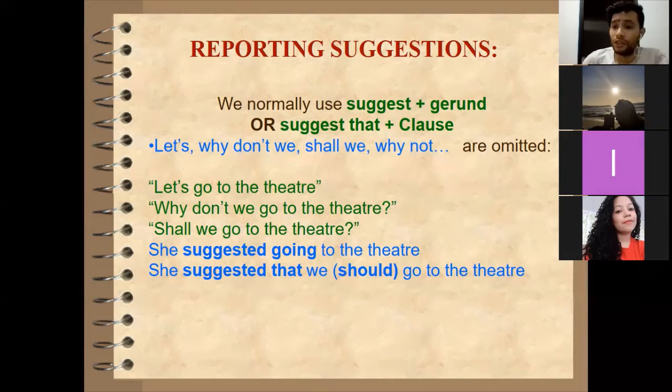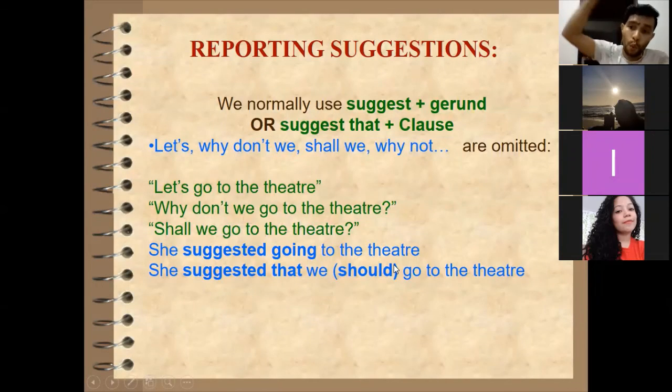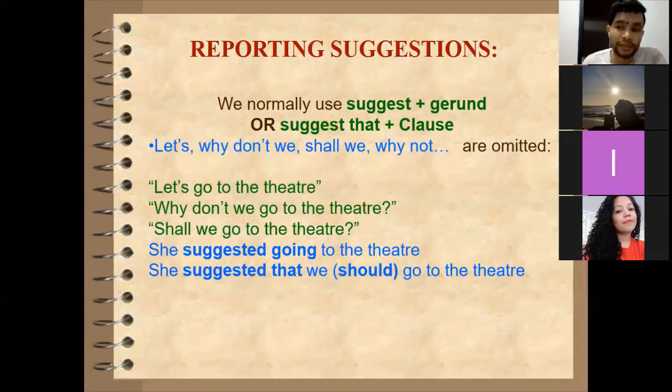She suggested going to the theater. And in the second form, she suggested that we should go to the theater, or, si no usamos should, sería, she suggested that we went to the theater.